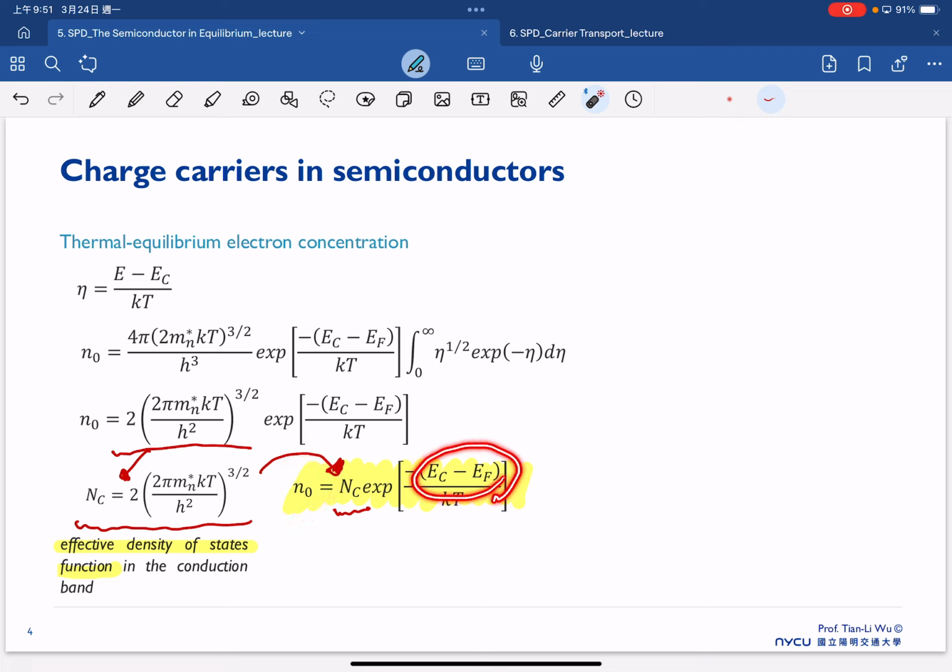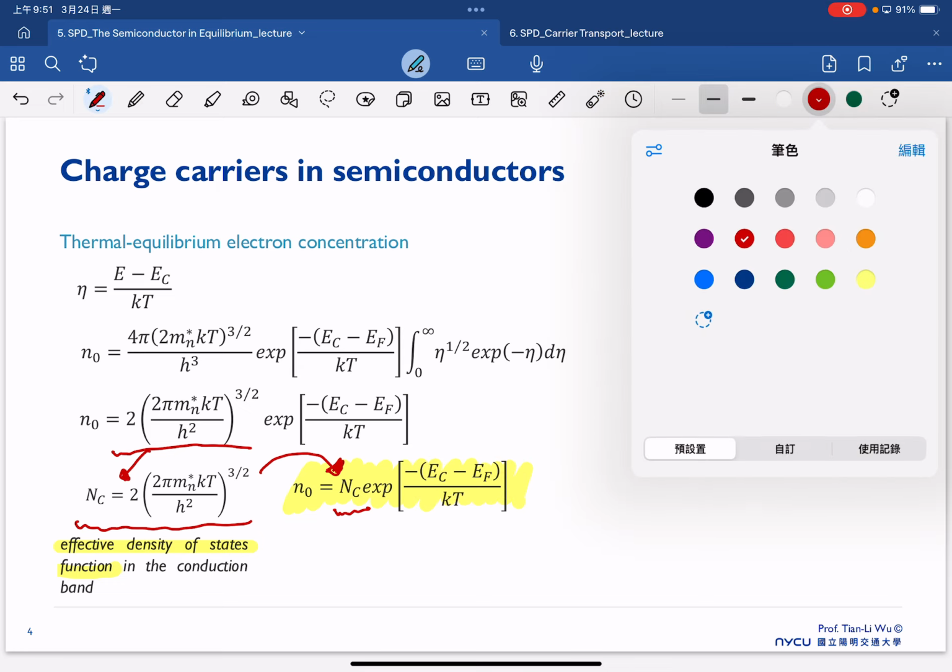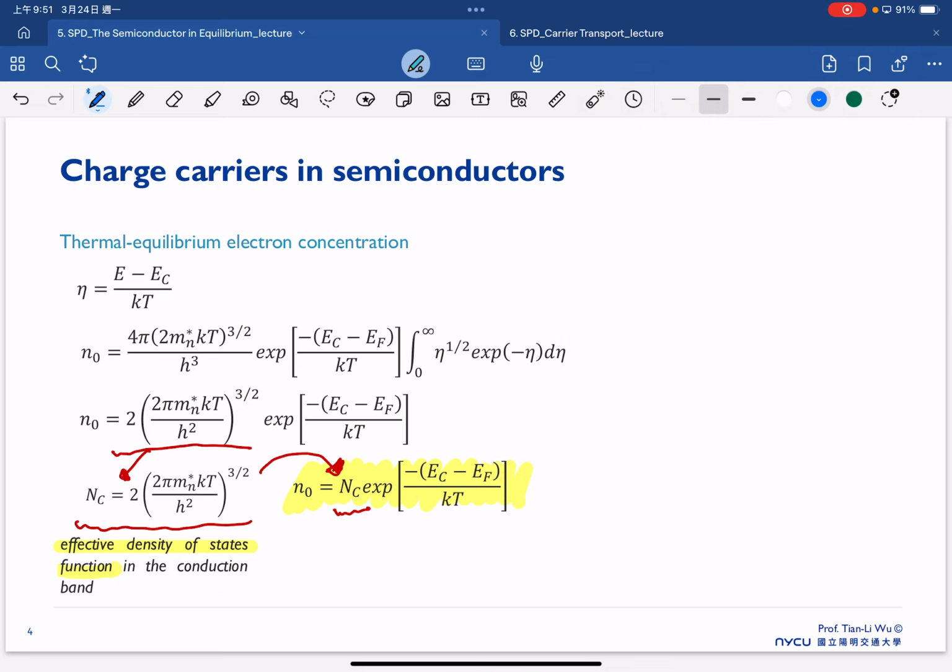Now consider the case where EC minus EF decreases. What does that mean? From the concept of a band diagram, we have EC and EV.